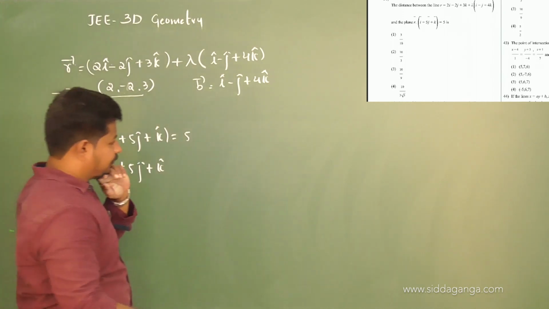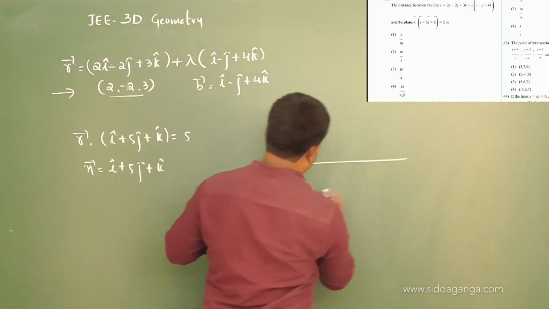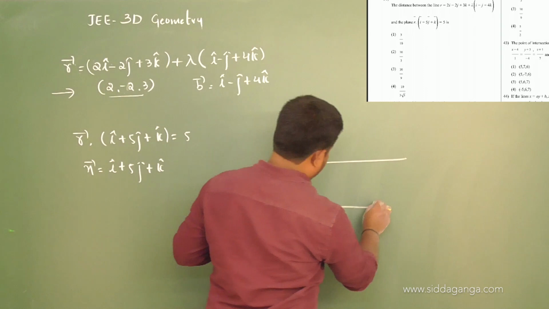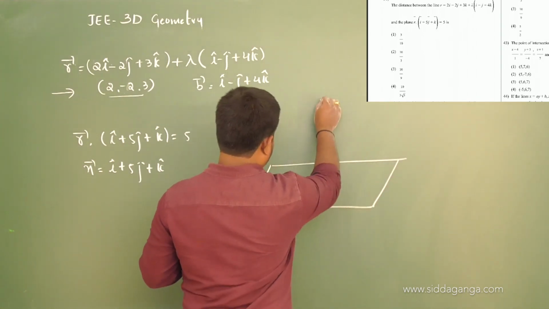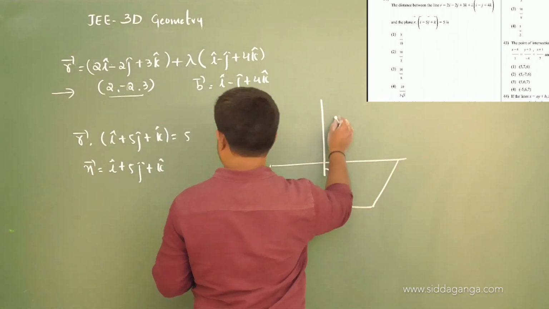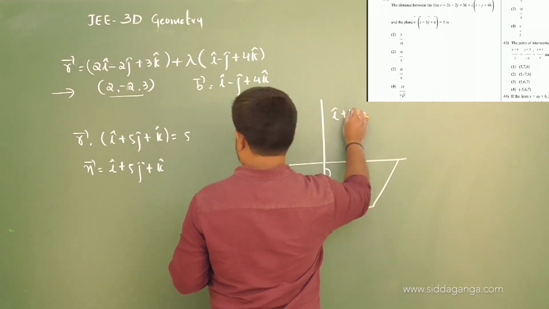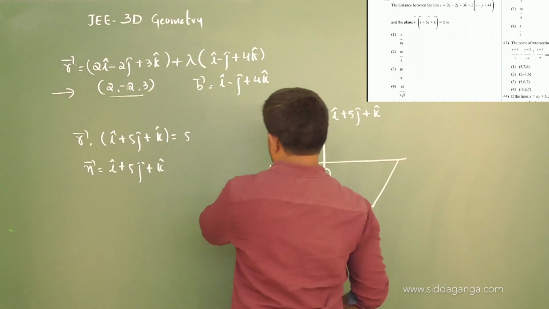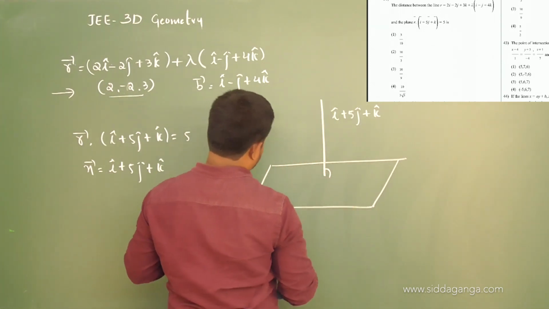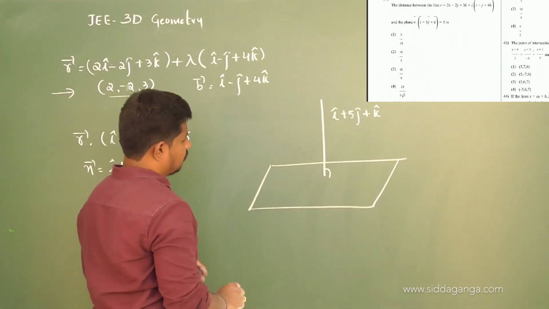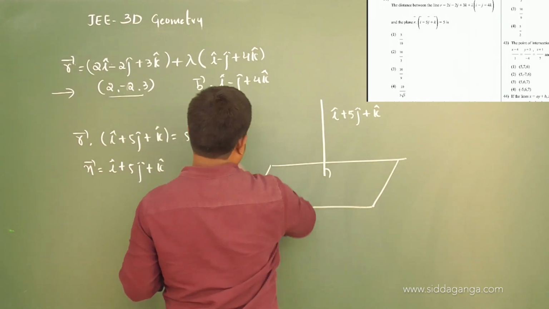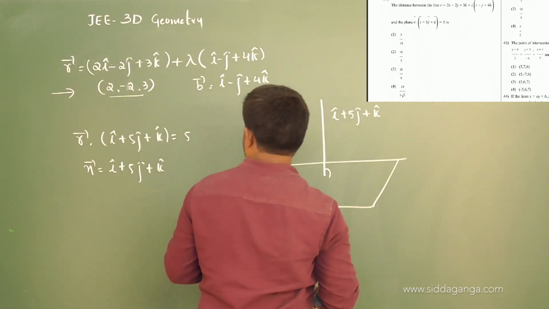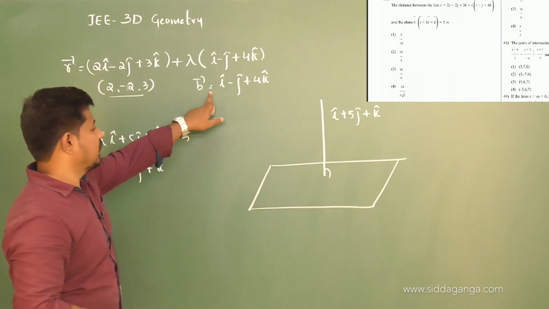This is your plane, and this is your normal, i plus 5j plus k. Now the line is in the direction of b, right?